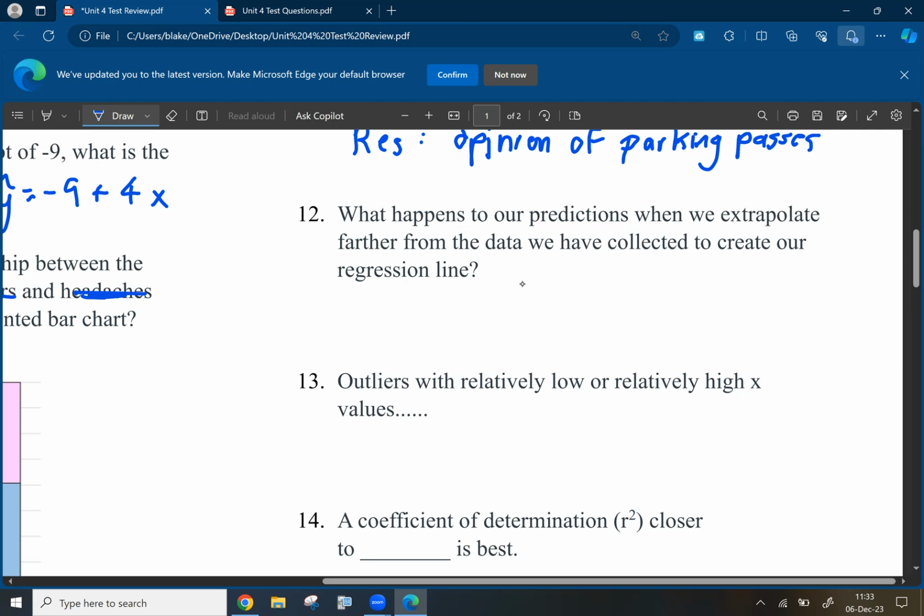Basically, predictions are less accurate. Yeah, if you extrapolate, the predictions become less accurate, basically.